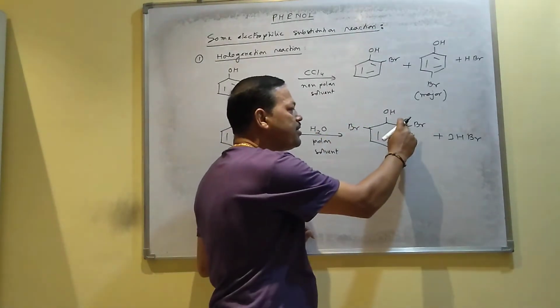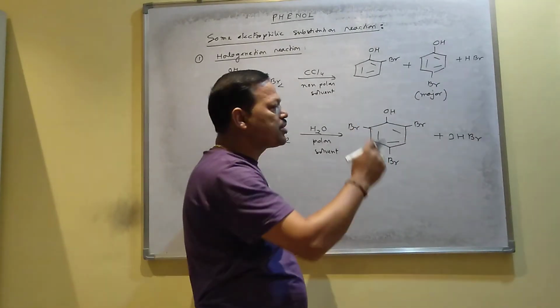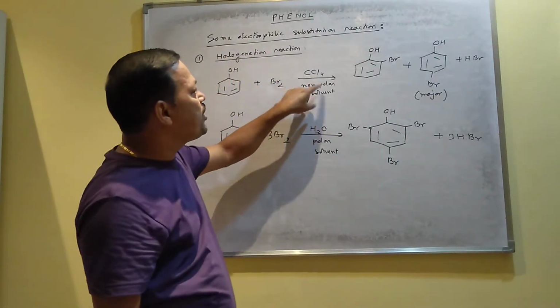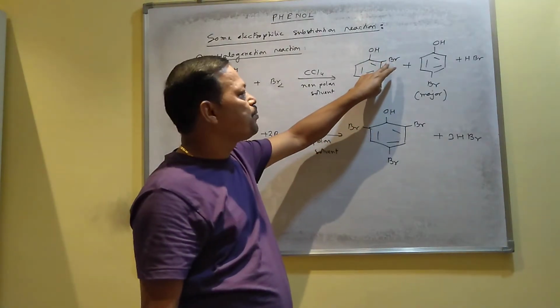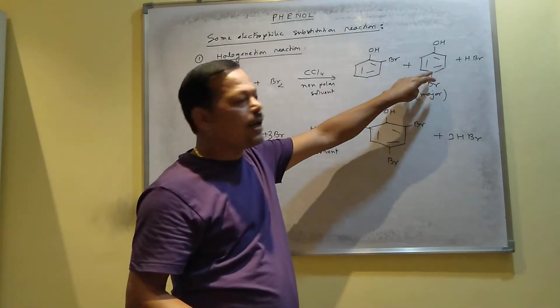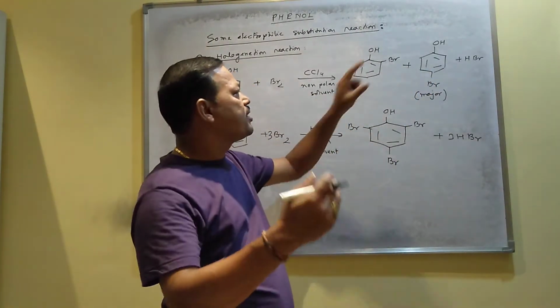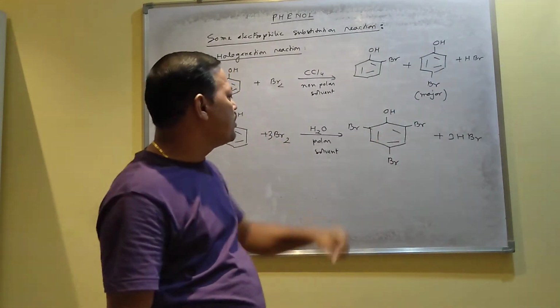I mean you will get negative charge here, immediately you will get it in this position, immediately in this position, and that is why bromine can join in all positions. But here the solvent is non-polar, so ionization is very less. Here, in the para position, it takes lots of time to get the negative charge. That is why bromine will attack separately that way, but here it can join together.